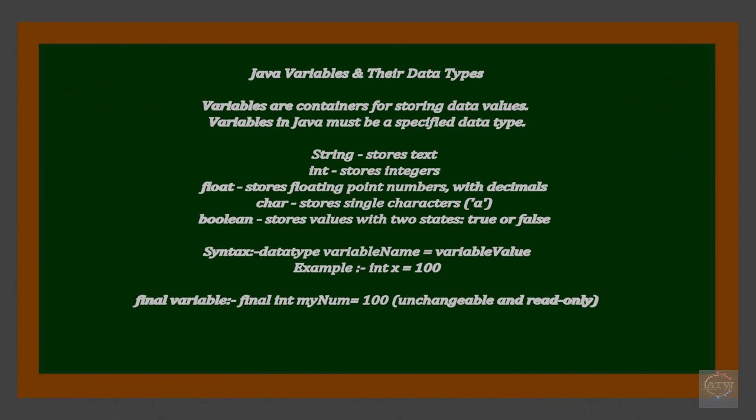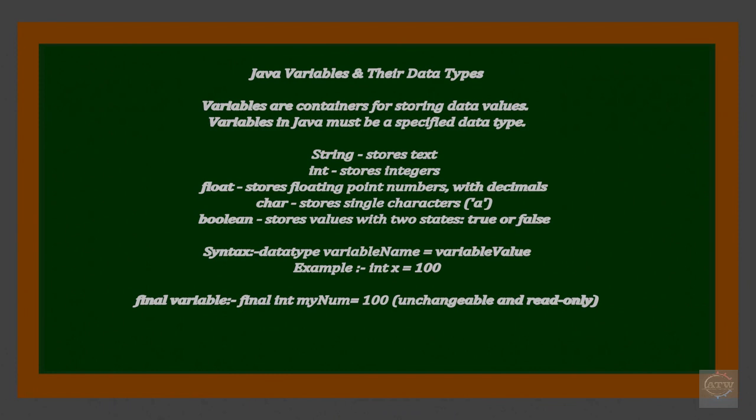In Java, you need to specify which data type the value you are inputting belongs to. We have multiple data types in Java, and there are two categories. One is primitive data types and the other is non-primitive data types.